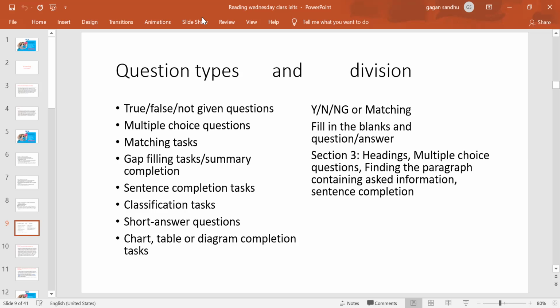Is it possible to have another session from 3 to 5 or something like that? No, actually, we have only one session a day, which is 2 to 4 for IELTS. If you want to attend, even if you get free at 2:30, you can join us at 3 as well.